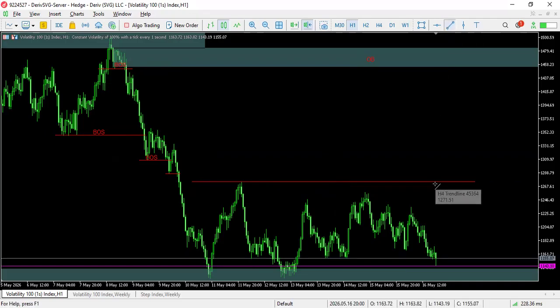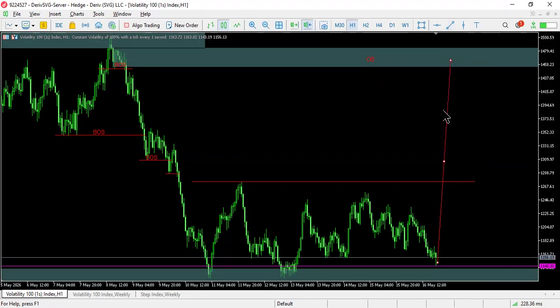Therefore, I'm waiting for price to sweep this liquidity to go and tap into that order block, and then we can get a move to the downside.